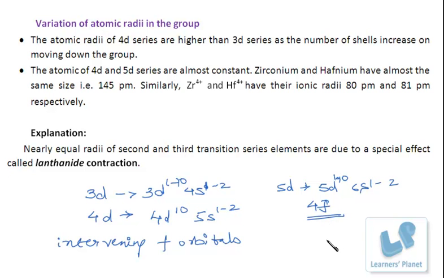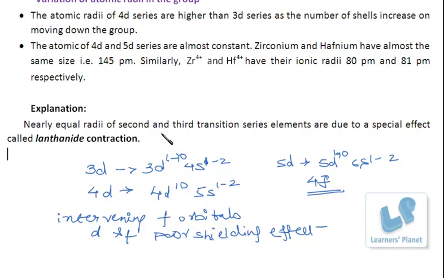Now I have told you that the d and f orbitals have got poor shielding effect. Why? Because these orbitals are big in size, the electrons are sparsely located, and they have minimum repulsion between them, as a result of which the shielding effect is less. When the shielding effect is less, what will happen? The force of attraction between the nucleus and the outermost electron will be more.